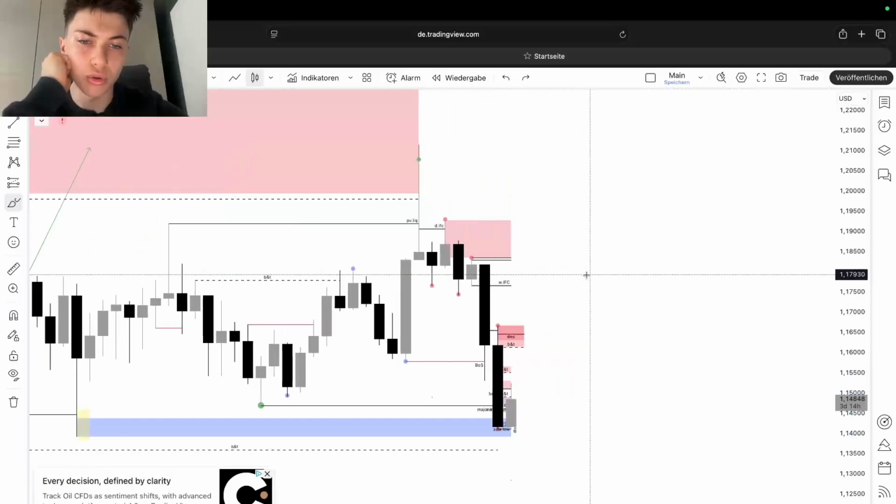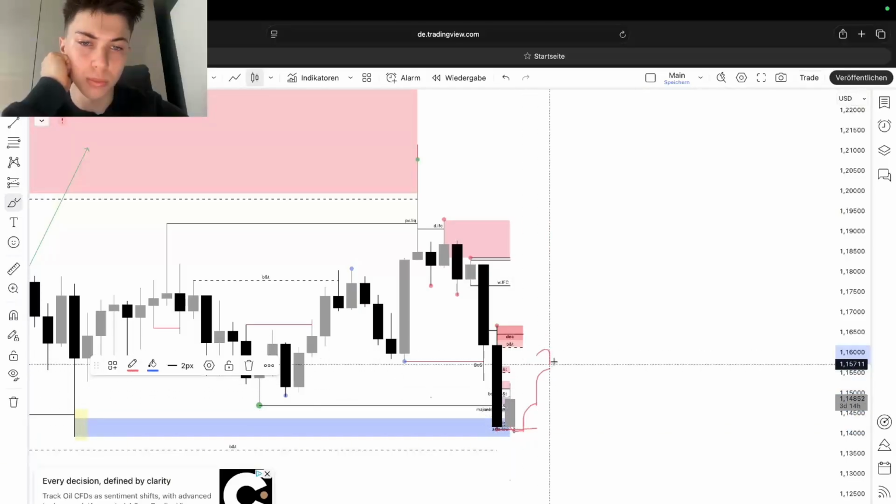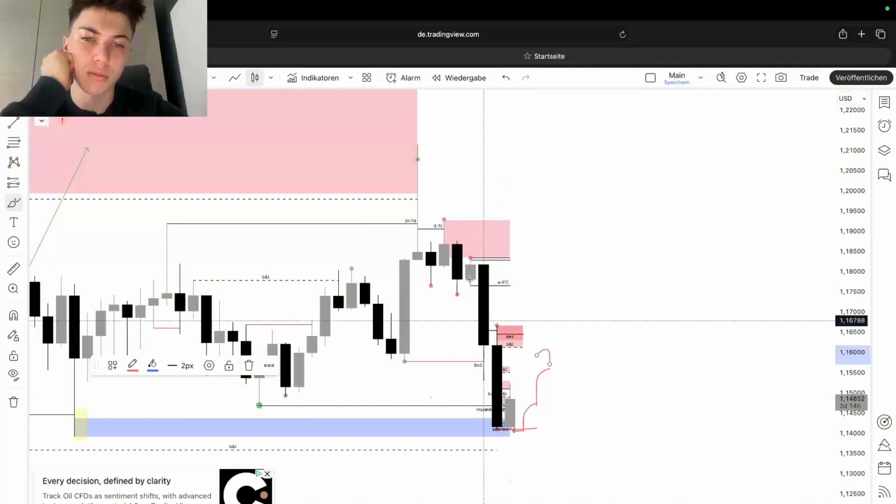And what I do also not like at all is that price didn't run previous day's low, which would have been giving me more conviction to buy into deeper areas and into the retracement of the lower time frame bearish leg, but price didn't.